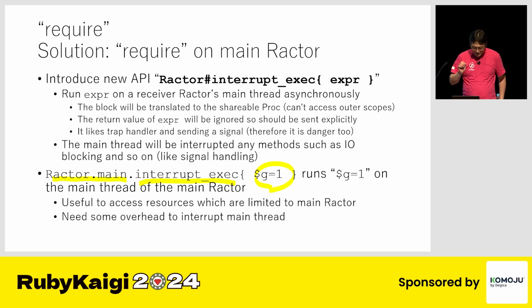This method runs the expression on the receiver Ractor's main thread asynchronously. It means that the method doesn't wait for the result of the expression in the block.